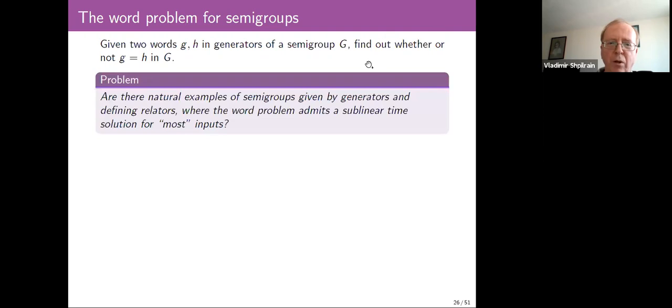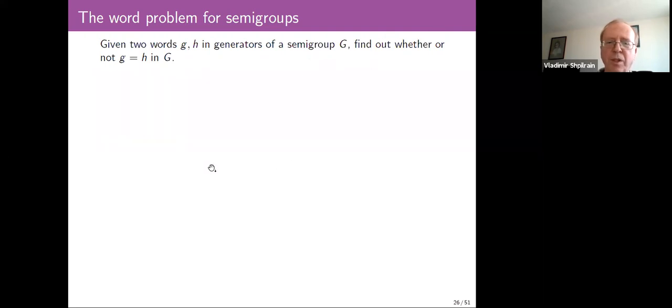So why do I call this slide the word problem for semigroups rather than groups? For the word problem for groups, there is nothing really that we can do in sublinear time, not even a partial answer.